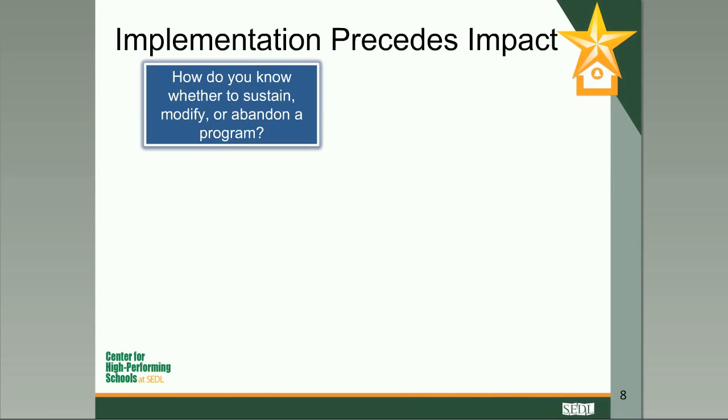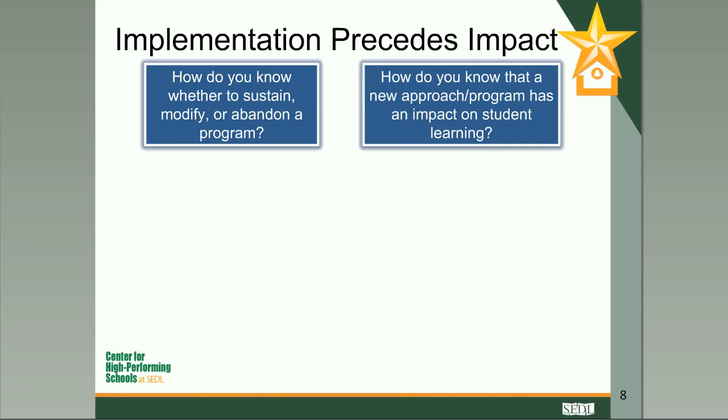You'll want to know if a new program or process has been worth the time, effort, and funds it's taken to put it into practice, and whether or not that program is worth continuing. But when you start thinking about that, the question that comes to mind is, how do you know that a new approach has had an impact on student learning?